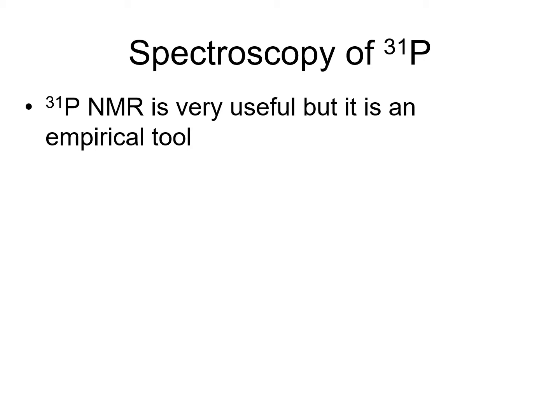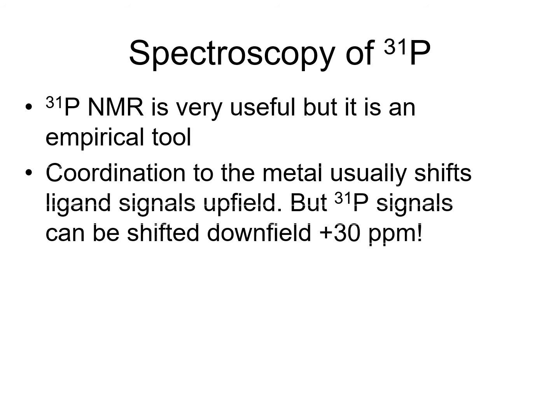It is an empirical tool, as I will shortly explain to you, but this is extremely valuable in characterizing an organometallic compound. The coordination to the metal usually shifts the ligand upfield, which means that you have lower delta values, but 31P signals can be shifted downfield also by close to plus 30 ppm.